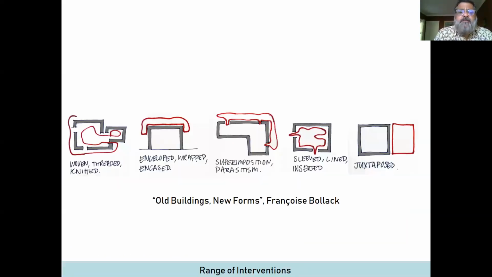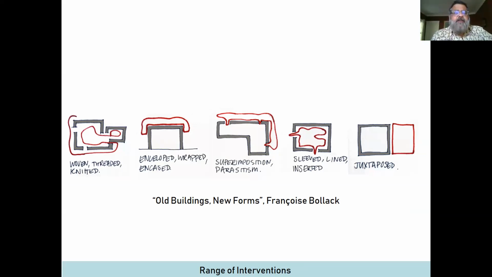I'll just wrap up with the urban form piece of adaptive reuse. And here I'm going to borrow from Françoise Bollack's work on old buildings, new form. She's divided adaptive reuse into 5 categories.